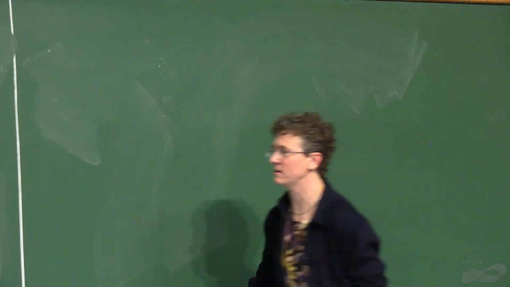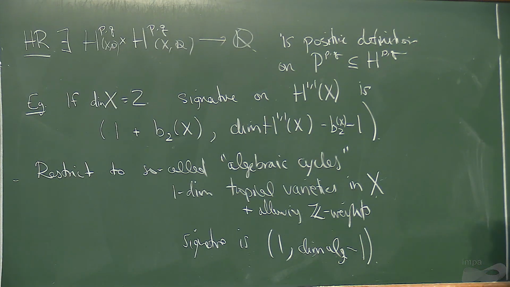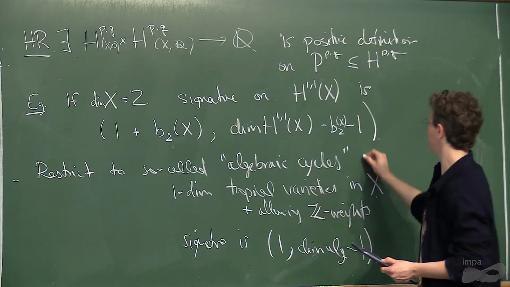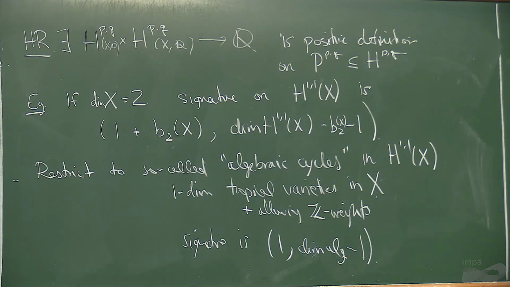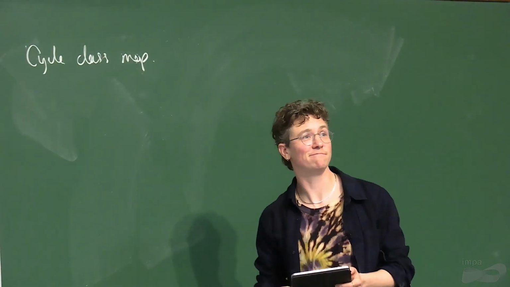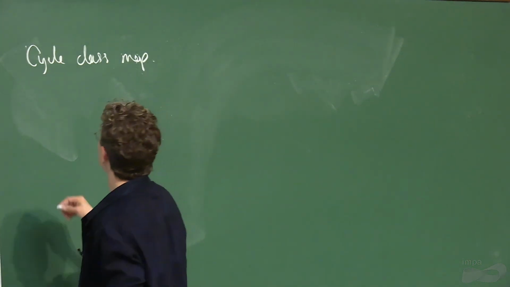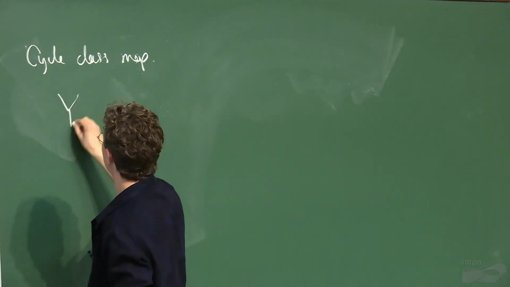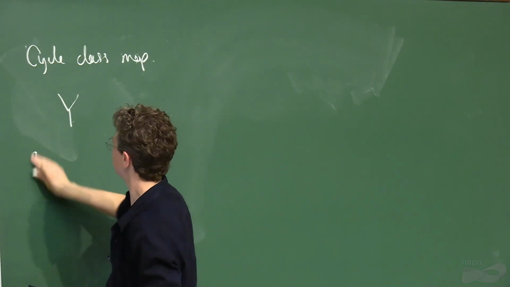So what do I mean by these algebraic cycles? And this is really the tropical Hodge conjecture that I'm trying to get at. So allow algebraic cycles in H11 of X. I've got officially 1 minute left. But recall that last time we had this weighted polyhedral complex, a tropical cycle.